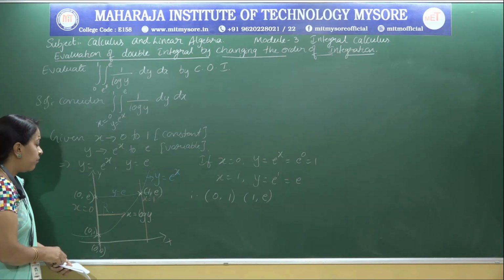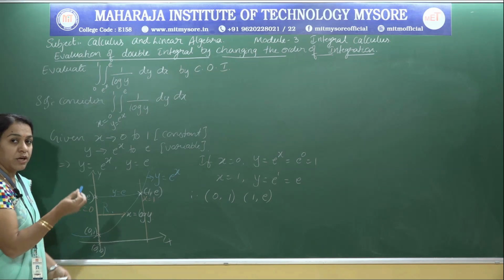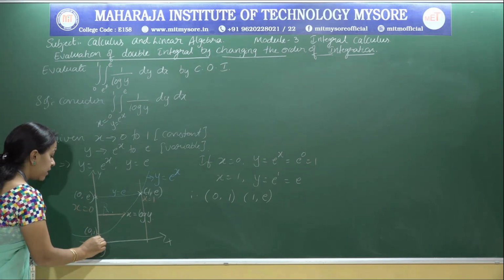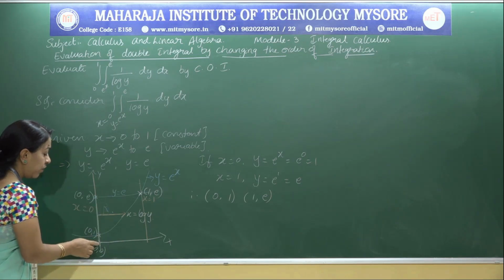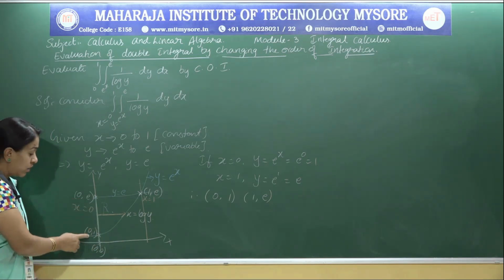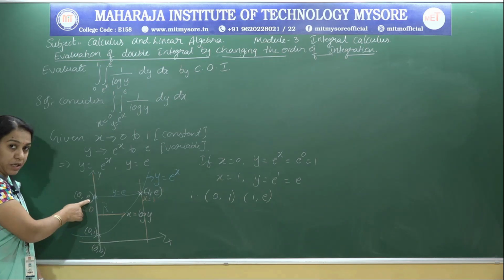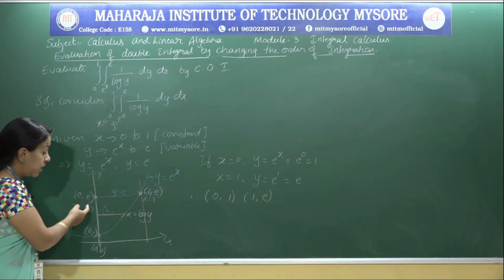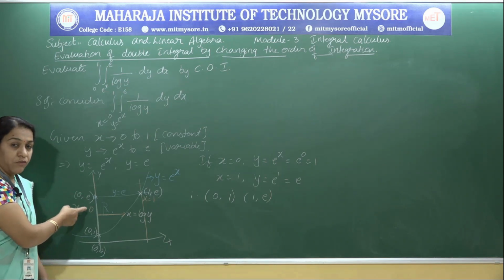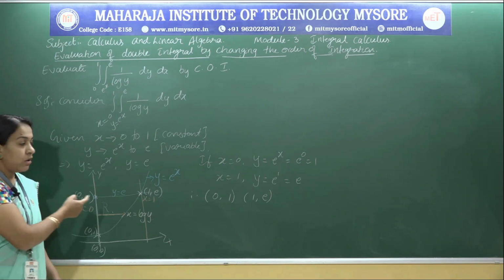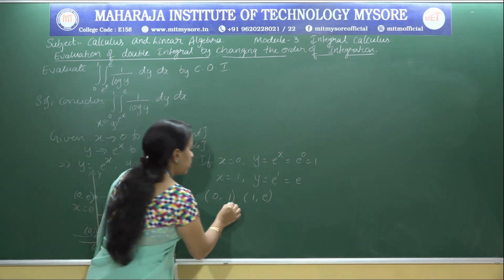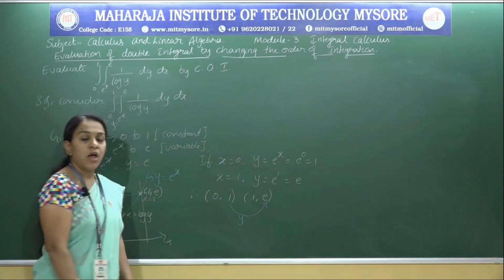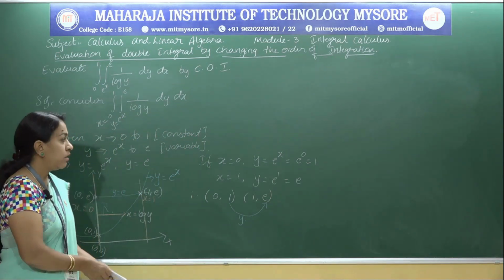Now, to consider the y limit, we consider the y axis: from 0, 1 to 0, e, the y coordinate is 1 to e. From the graph or from the points of intersection I can get the y limit. Y varies from 1 to e, right.